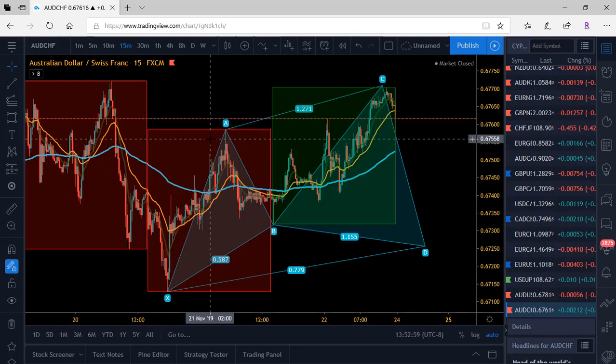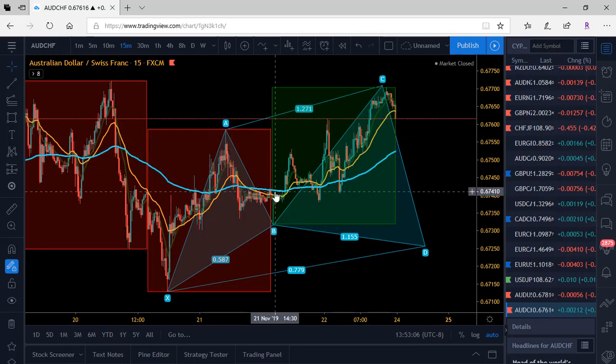This pattern, out of all of the patterns that we just went through, this seems to be the best setup.